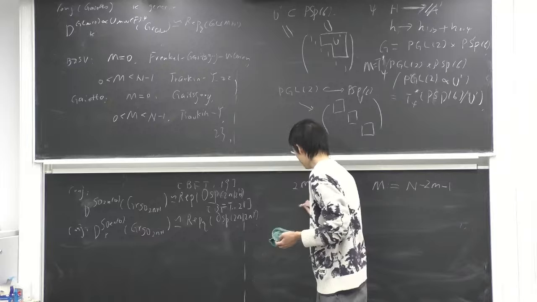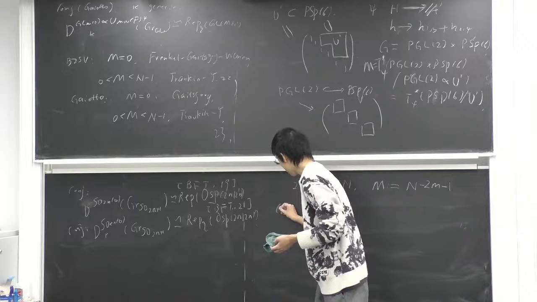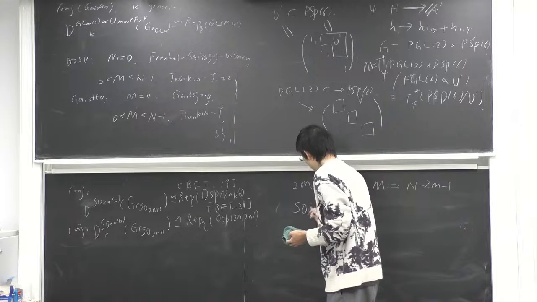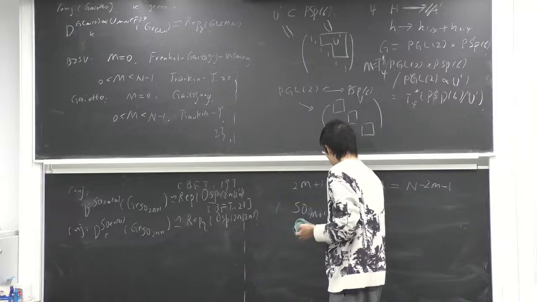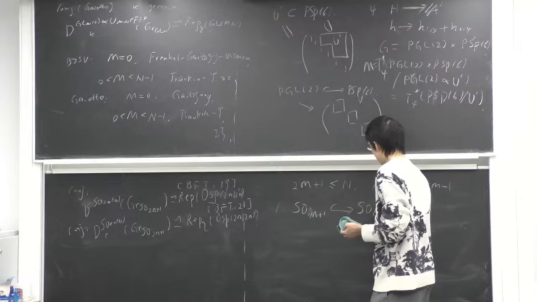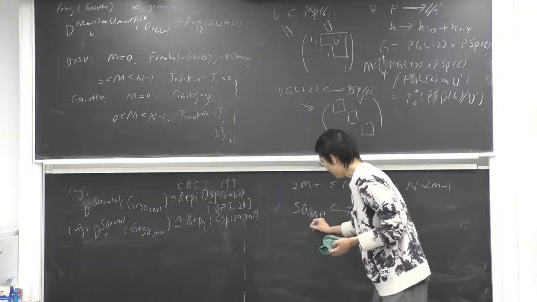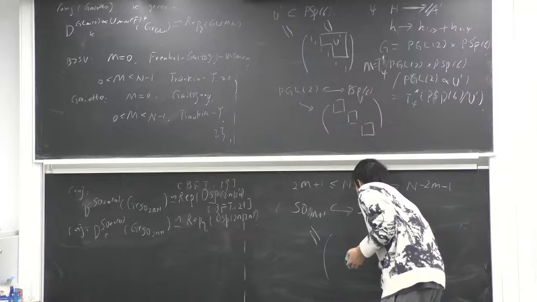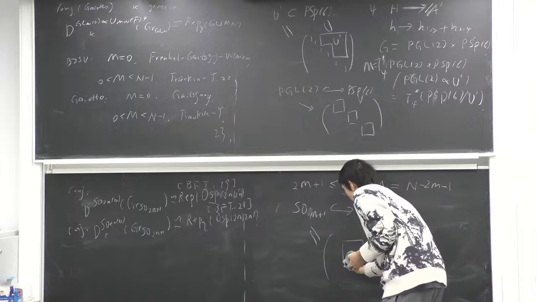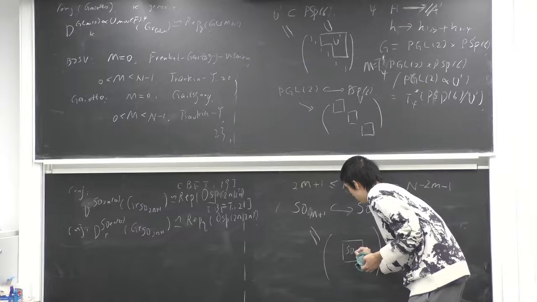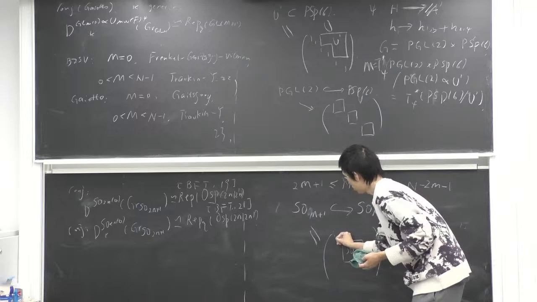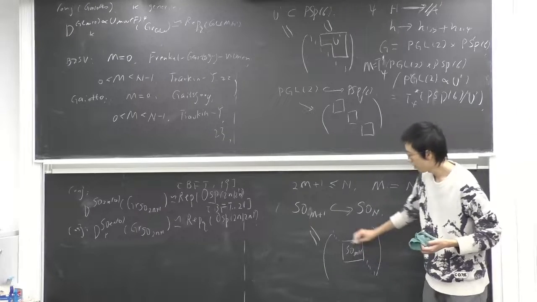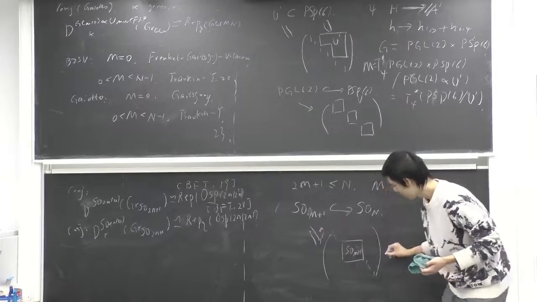In this case, you can embed your SO(m+1) into SO(n), which is given by this. I mean, you think of your SO(m+1) as embedded into the middle part of SO(n), just exactly in the middle. Here it is m, and here it is m.